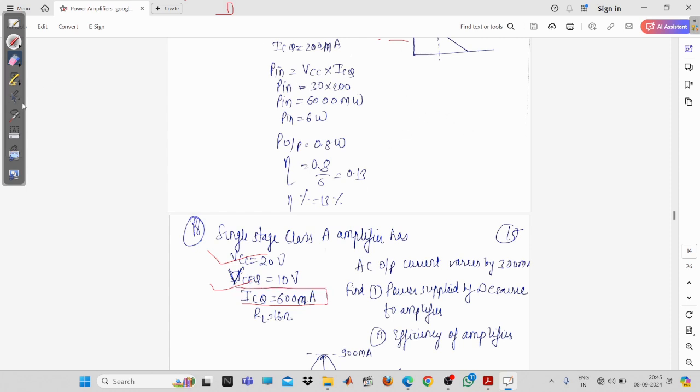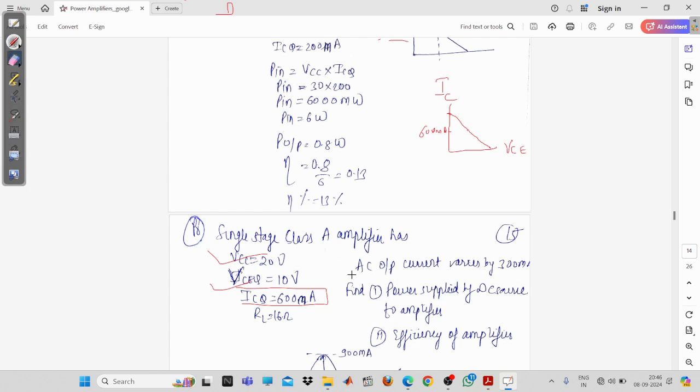So first we will plot the output characteristics of the common emitter amplifier. This is the output characteristic, that is IC, and this is VCE. Your operating point is around 600 milliampere. Then the AC output current varies by 300 milliampere.